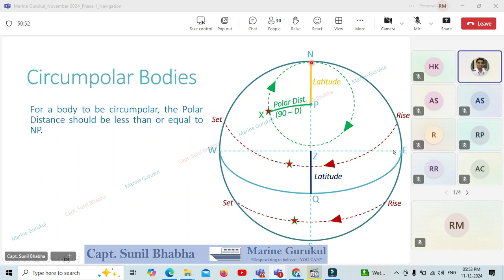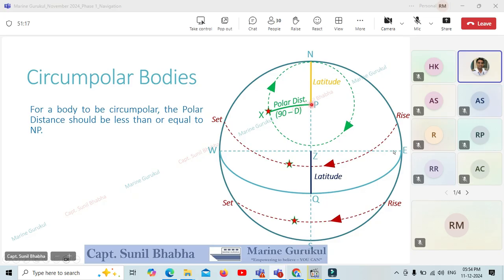If the radius is equal to NP, you will have exactly this condition. The circle will be touching the horizon at point N. And if the radius is less than NP, then the entire circle will be within the rational horizon of the observer. So we understand from this diagram that for a body to be circumpolar, this condition should be met.